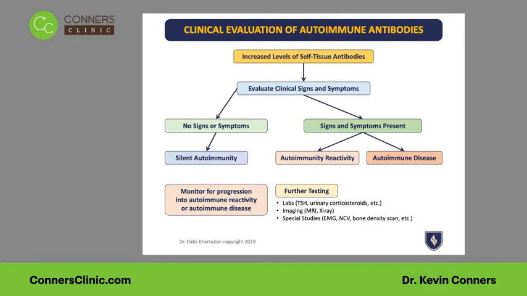So usually it's reversed in a clinical setting. They have the signs and symptoms present, and then you're deciding whether they're in stage 2 autoimmune reactivity or stage 3, and you have to do further testing and examination to determine that, and that will guide the treatment phase.